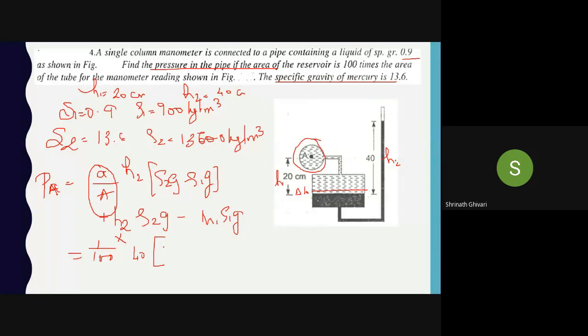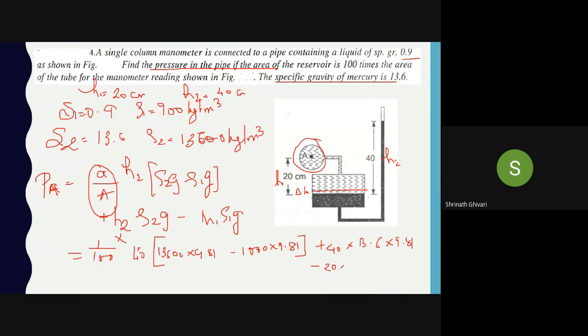Rho 2 is 13,600 into 9.81, minus 1000 into 9.81, plus H2 is how much again? 40 into rho 2, 13.6 into 9.81, minus H1 is 20.